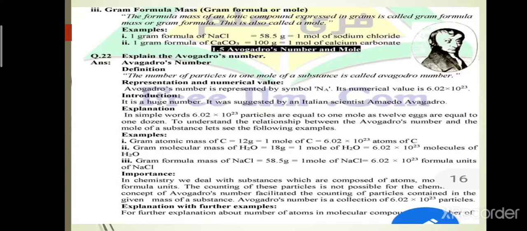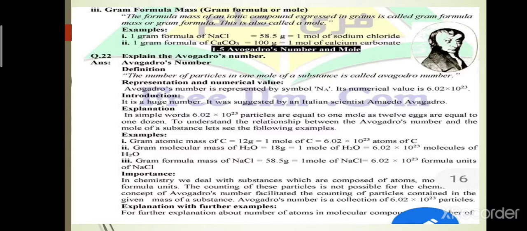One hydrogen element means it has the same number of hydrogen atoms, and the same type of hydrogen atoms combine to form an element. So 1 mole of hydrogen element means that if it has 6.02 × 10^23 particles in it, it will be called 1 mole of hydrogen element.